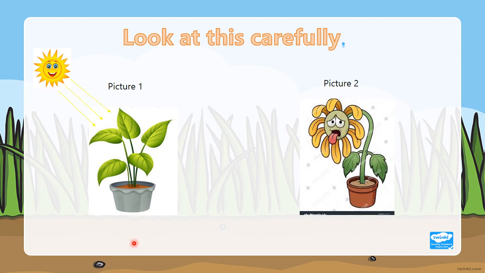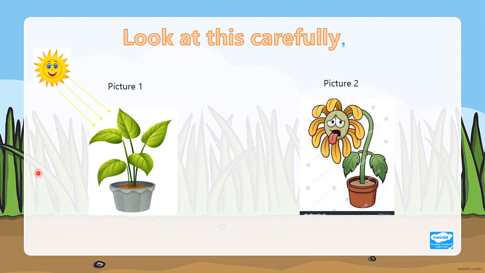Why is it so? Do you have any idea why it is happening? Look at the picture carefully. The answer is hidden. What is missing in picture number 2? And what is there in picture number 1? Okay, recollect your memory. Remember the experiment, the bean experiment?